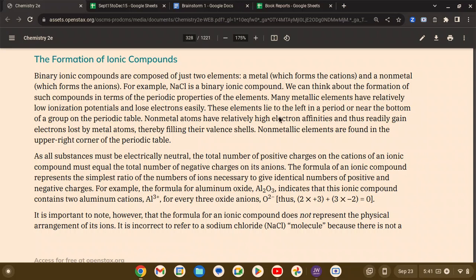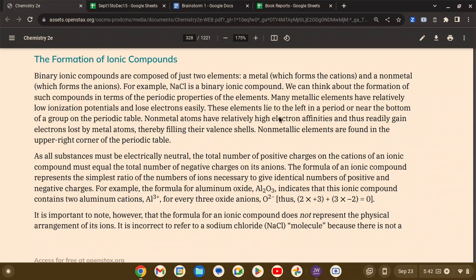As all substances must be electrically neutral, the total number of positive charges on the cations of an ionic compound must equal the total number of negative charges on its anions. The formula of an ionic compound represents the simplest ratio of the numbers of ions necessary to give identical numbers of positive and negative charges.